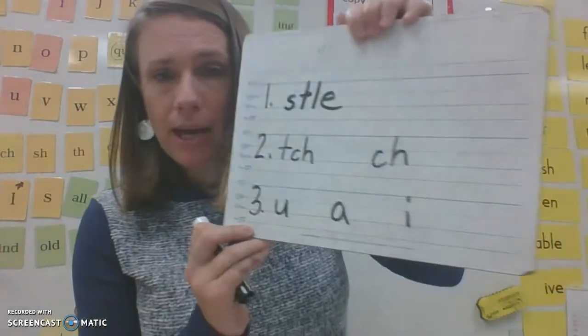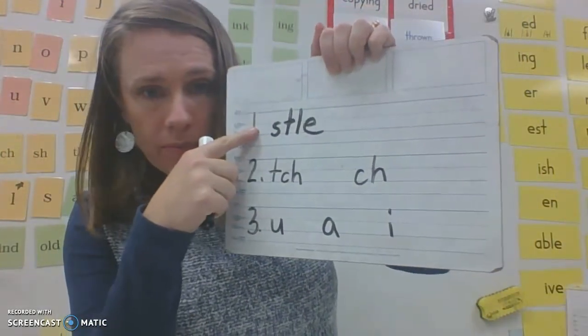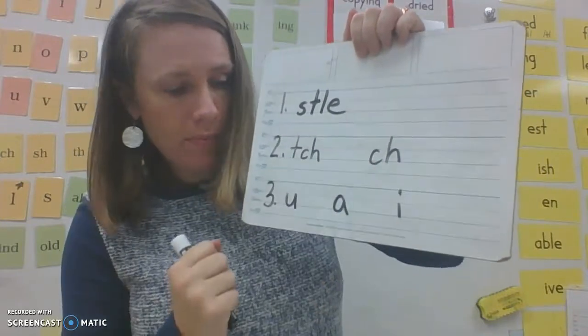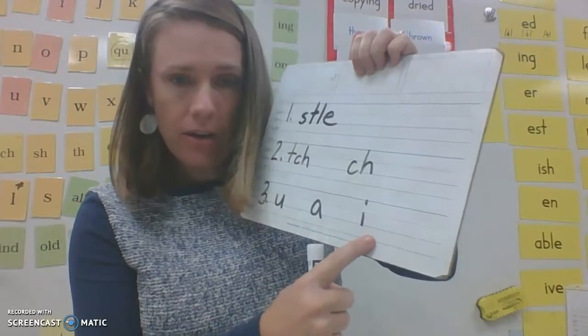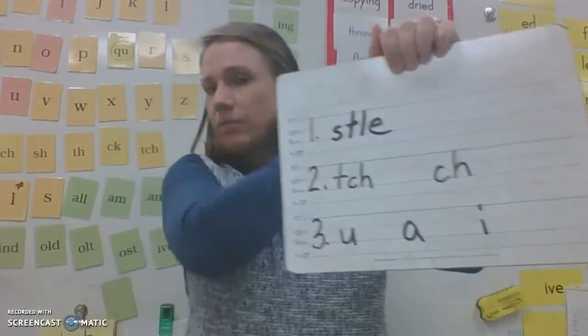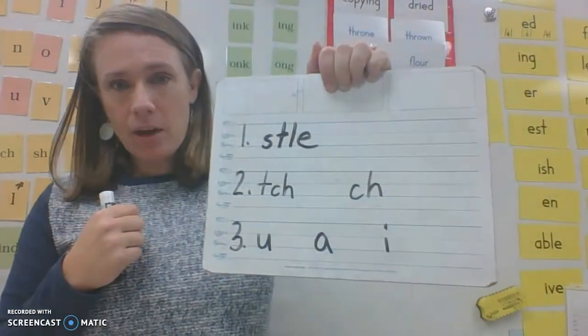Okay, check your sounds with mine. So, ch, ch. Like in Alaska, and like an animal. Animal.